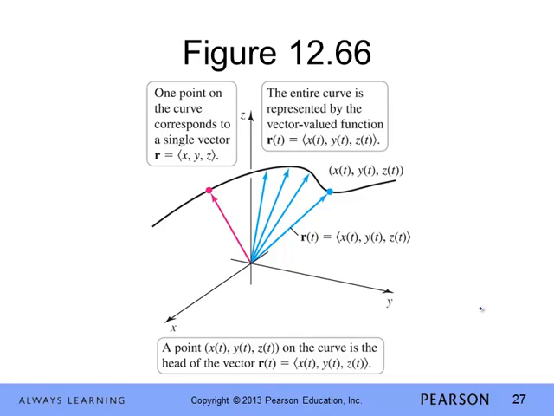Give me a different value for t and I'll have a different vector. I'll be at a different point on the curve for different values for t. So that's how we can determine a curve in 3 dimensions, is having this set of parametric equations, right?